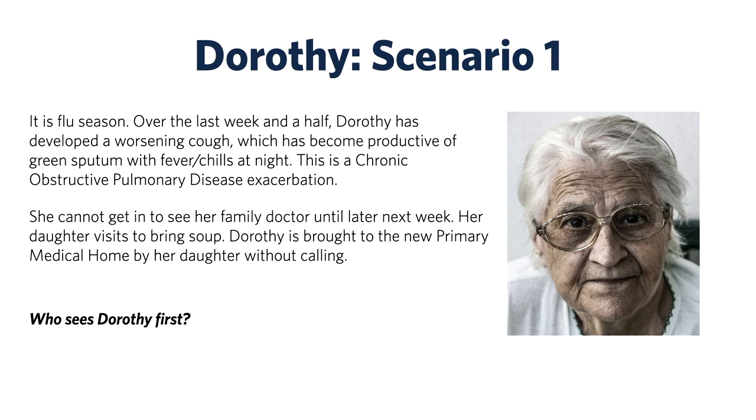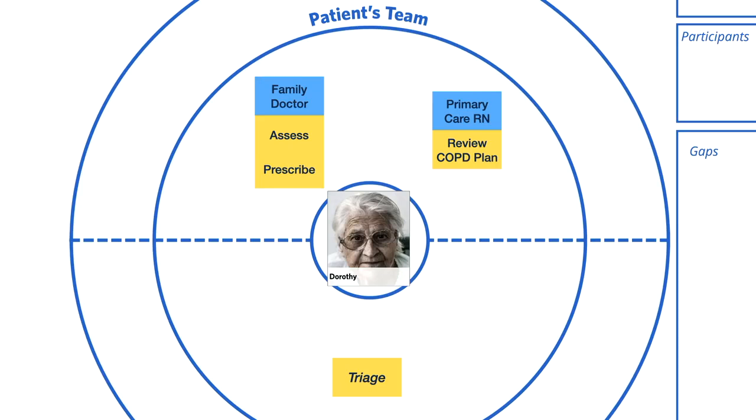So this kind of prompt will trigger a whole series of discussions across the team about what do we do about unscheduled visits? How do we deal with people who look acutely unwell? Who's going to do triage? And triage will come up for sure in this scenario. And the discussion is, who is going to triage? Is it the nurse? Is it the physician?